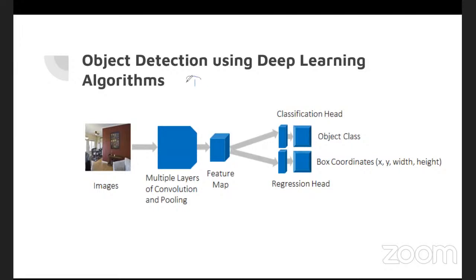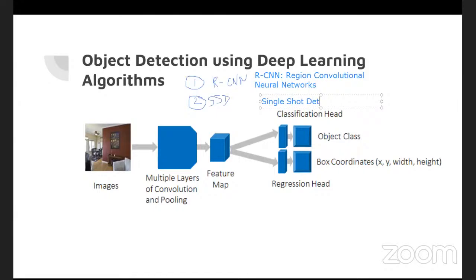So how is object detection being performed on these images? There are two techniques. One is using algorithms such as RCNN, and the second one is SSD. RCNN stands for region convolutional neural networks, and SSD stands for single shot detection.